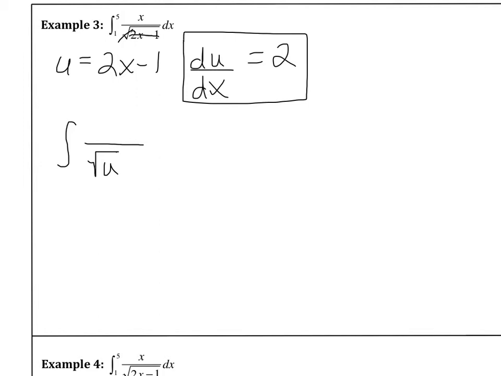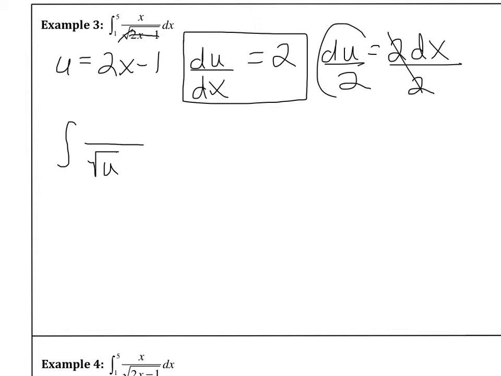Du will be 2 dx, and I don't need 2 dx, I just need a dx, so I'll divide out the 2. Great. Du over 2 will give us dx. So that's taken care of.